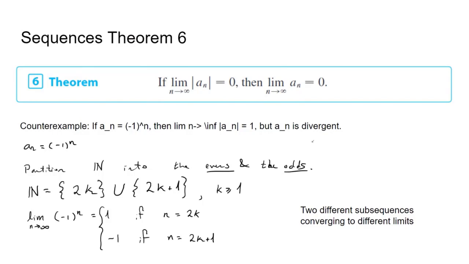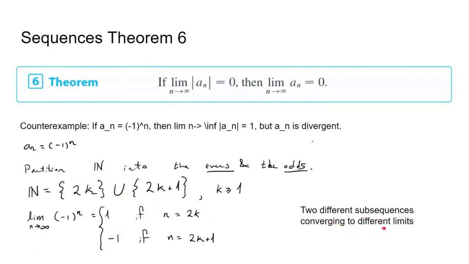And I gave a counterexample initially, something where the hypothesis doesn't hold. So if we take this sequence right here, a_n, I should have written over here that the limit of the absolute value of a_n equals 1, because we just have the absolute value of (-1)^n, and that is always positive. That just turns to 1. But then if we partition the natural numbers into even and odd numbers, we get two different answers.